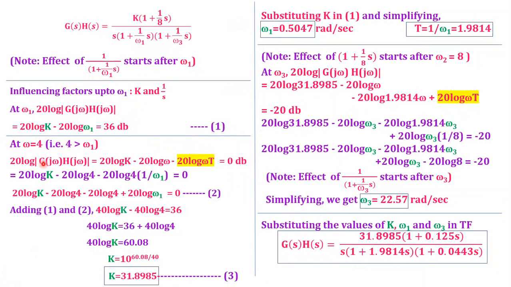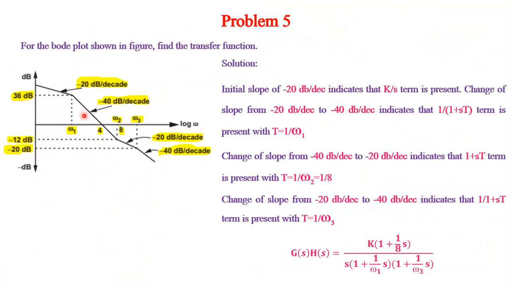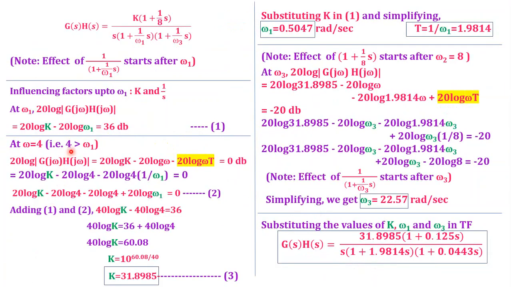At omega equal to 4, which is greater than omega 1, this term is now going to play its role. Therefore, when I write the magnitude expression, I should have k, this and this.